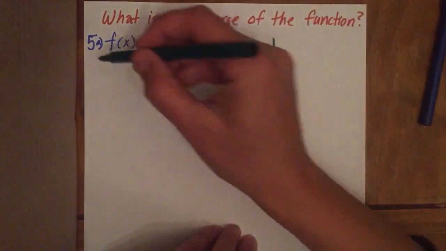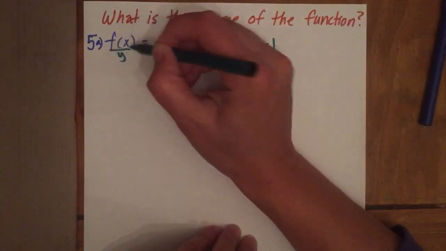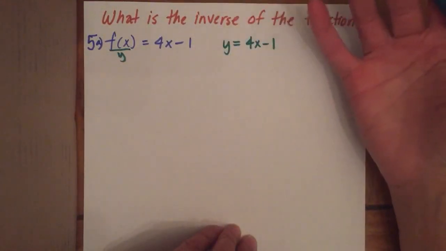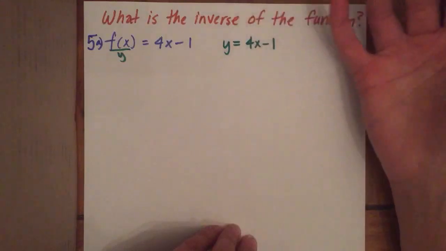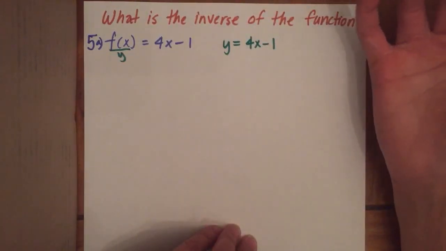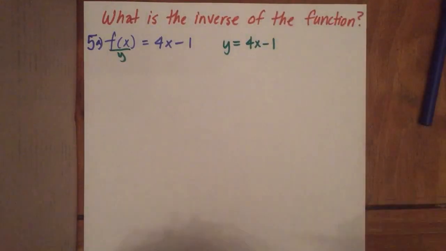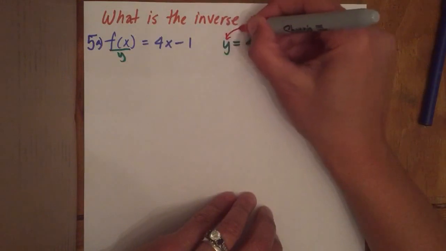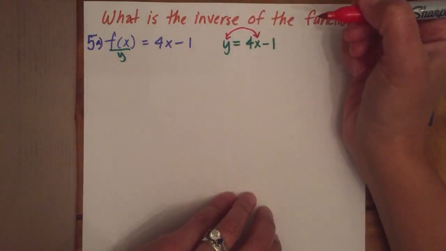It's just telling you, instead of writing it as y, it's writing it as a function of x, which is what a function is: a set of inputs, which is your x, your domain, and a set of outputs, which is your range, y. So in order to find the inverse of a function, we're going to take that function and swap out the domain and range.